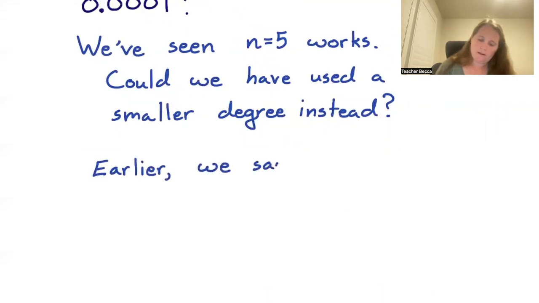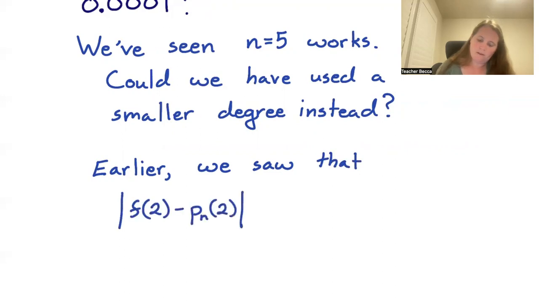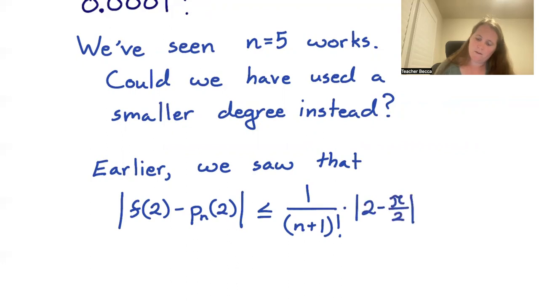We saw that the absolute value of f of 2 minus p sub n of 2 was less than or equal to 1 over n plus 1 factorial times the absolute value of 2 minus pi over 2 raised to the n plus 1.